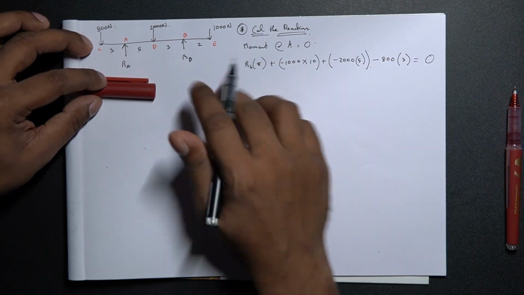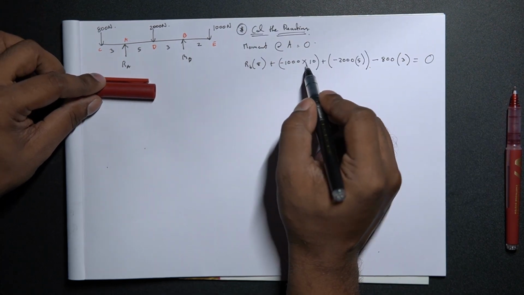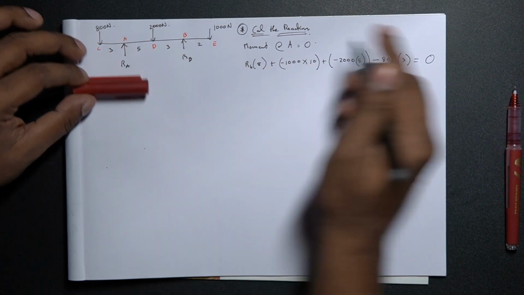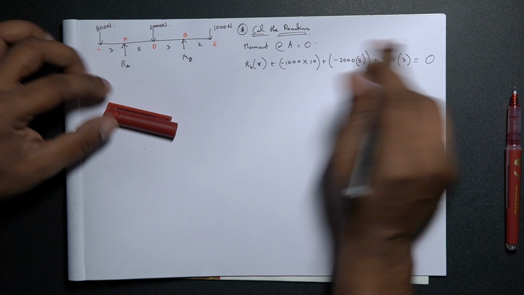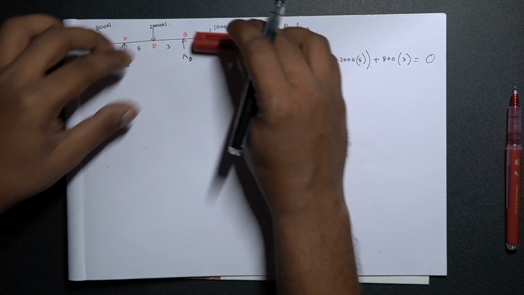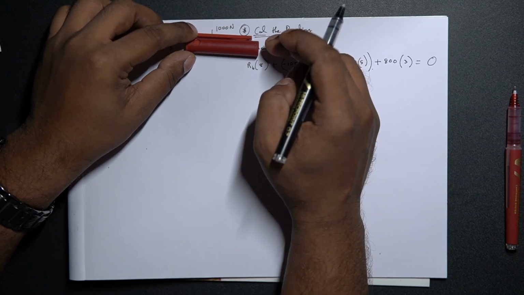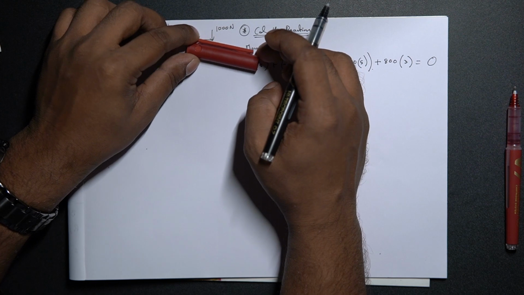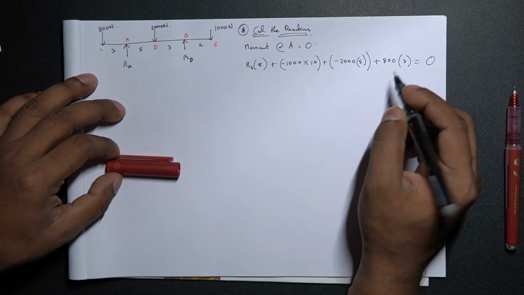So over here we have considered minus 1000 newtons into the total lever arm. So here we will have to consider 800 newtons as positive into the lever arm 3. Because you cannot have two different moments acting in the same sign convention in the same beam span.